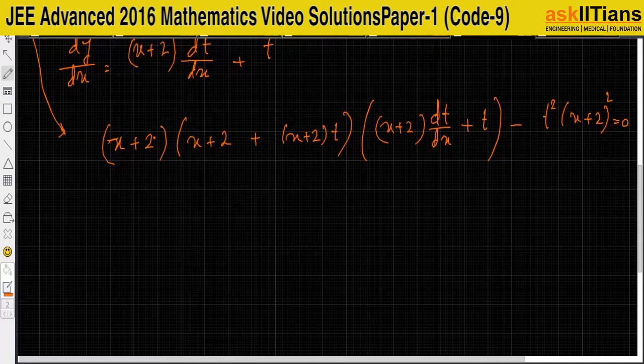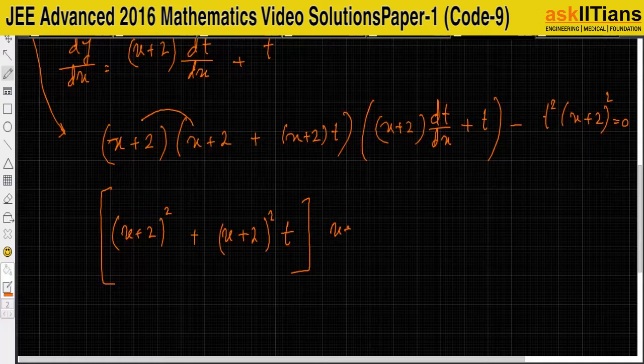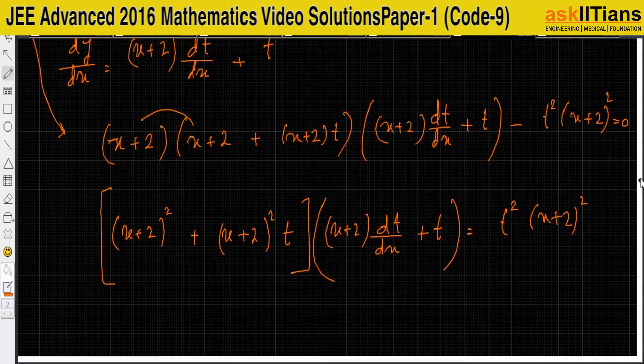Now if I simplify this, here I'll get x plus 2 whole square, and plus x plus 2 whole square multiplied by t. So here I can write x plus 2 whole square multiplied by t, and this is x plus 2 dt by dx plus t, this entire thing together, and this is equal to t square into x plus 2 whole square.